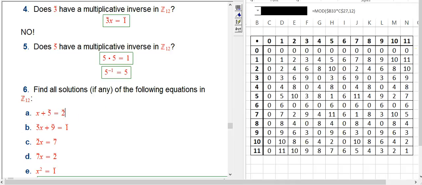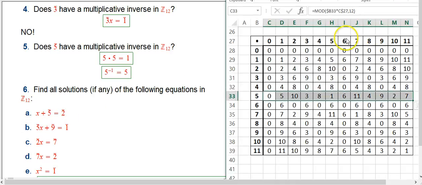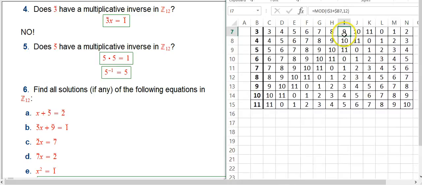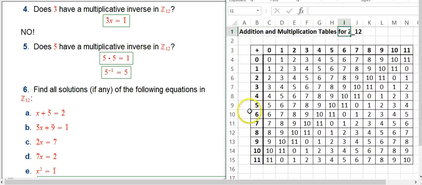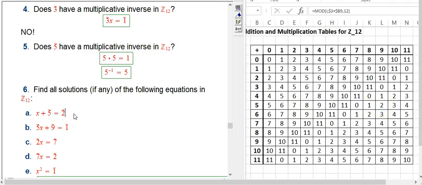Okay, so x plus 5 equals 2, that's back to the addition table. So again, we'll just look at the 5 row. Is there something that can be added to 5 to make 2? Absolutely. The claim is that x equals 9 works.